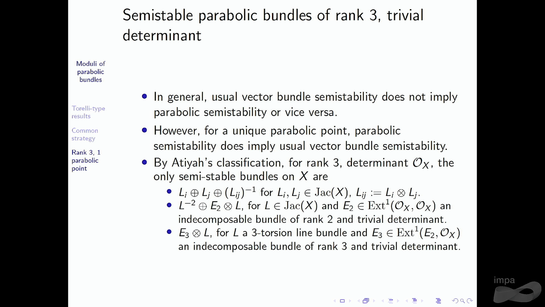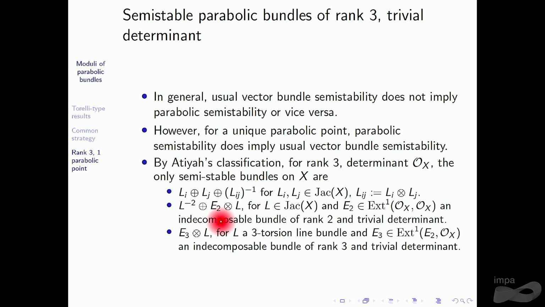There is a classification by Atiyah of the vector bundles of any rank on an elliptic curve. We use the classification for rank 3 with trivial determinant, and this is what we find. Our bundle is going to be one of these 3 types. It is either the sum of 3 line bundles, where L_i, L_j are in the Jacobian, and because we have trivial determinant, that determines the third one.